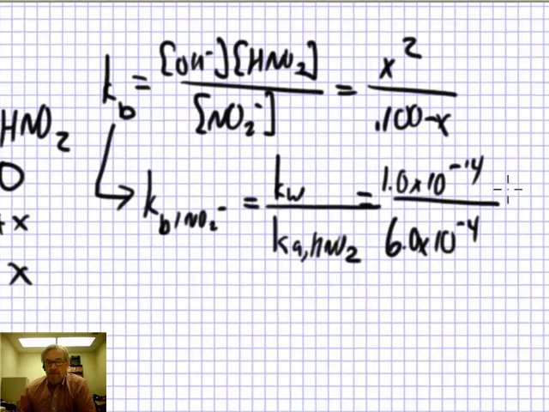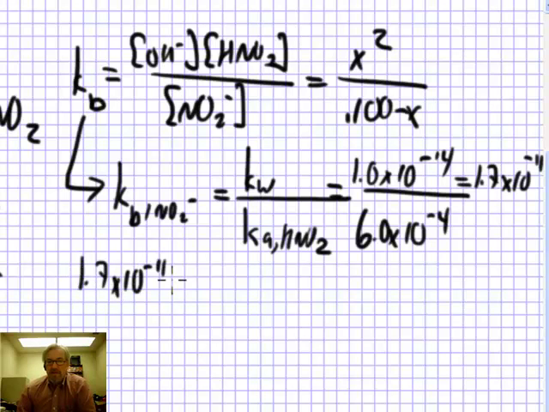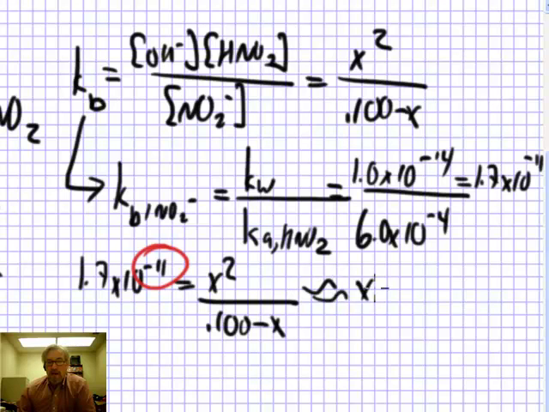And when you work the arithmetic out here, this comes out to 1.7 times 10 to the minus 11th. That's Kb. So plugging that into our chart here, 1.7 times 10 to the minus 11th is equal to X squared over 0.100 minus X. And because 10 to the minus 11th is a really small number, we can make the valid assumption that this is approximately equal to X squared over 0.100 to simplify our math.